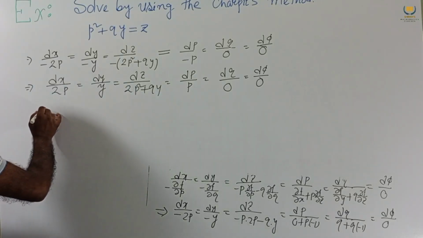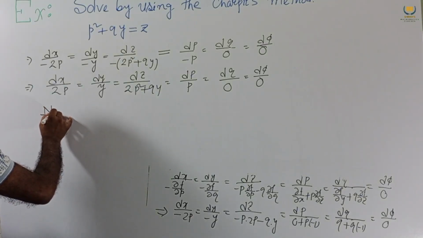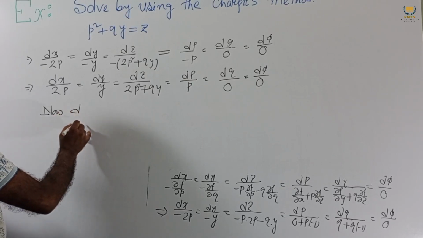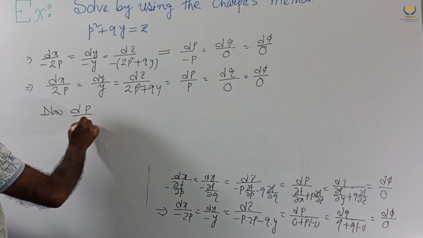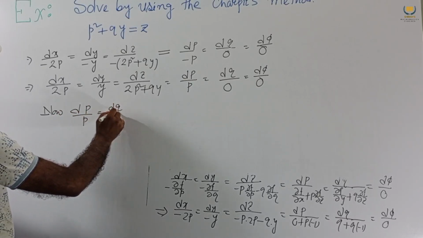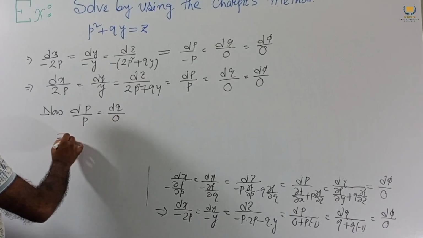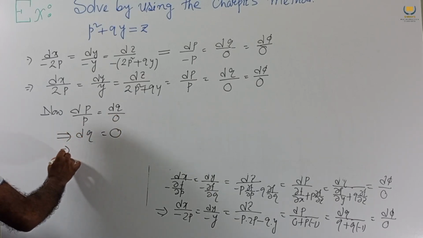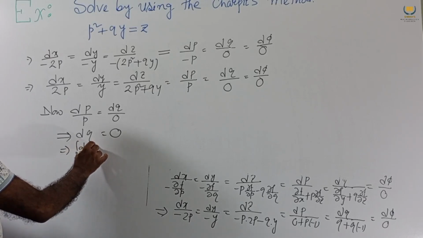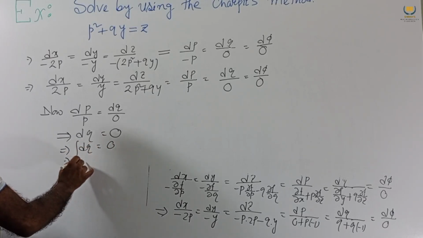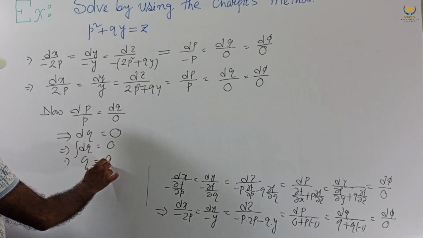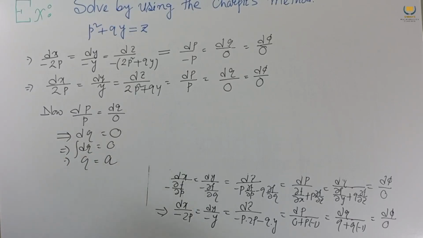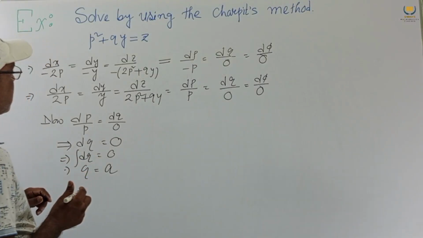Now if we consider dp by p, dq by 0, then this implies dq equal to 0. If we integrate this, then q equal to a, where a is a constant.